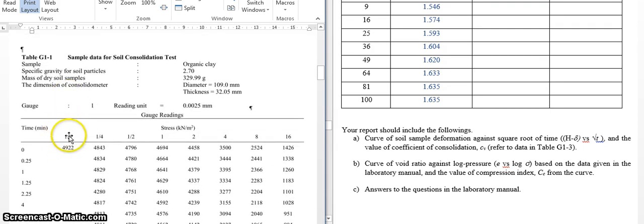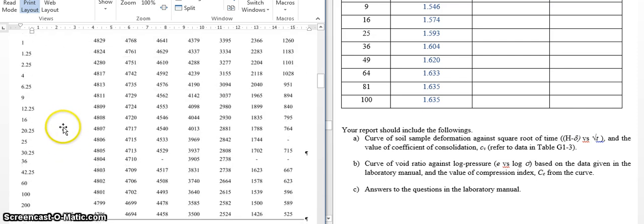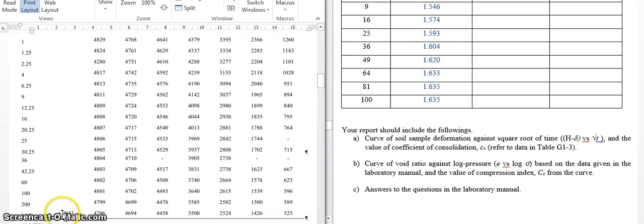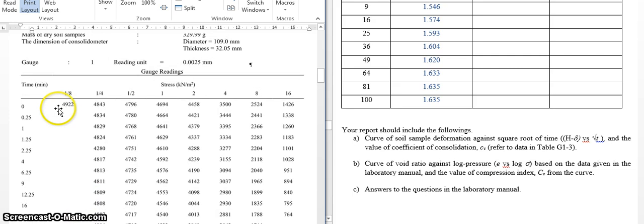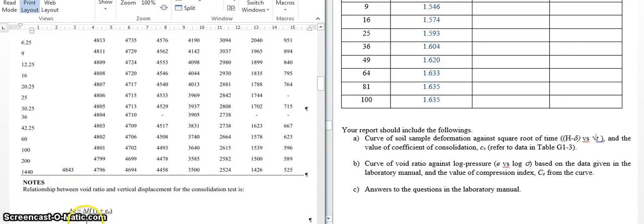So taking the stress at the 1/8 ratio, the final reading is 4,843 times 0.0025 minus 4,922 times 0.0025. Or you can also do the bigger data minus the smaller, because it is asymptotic actually.